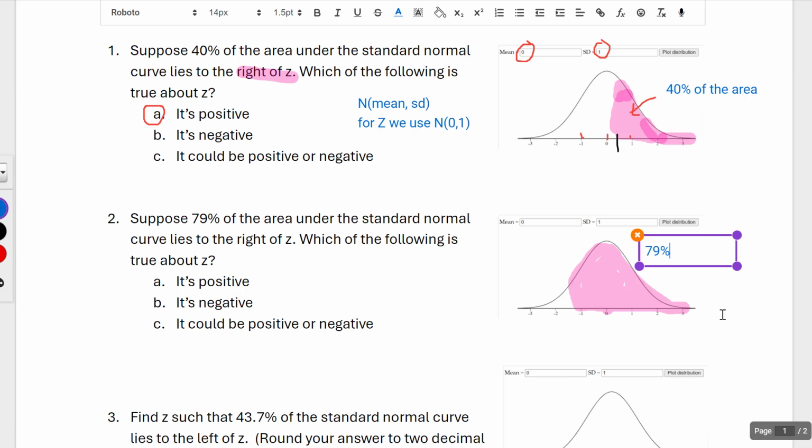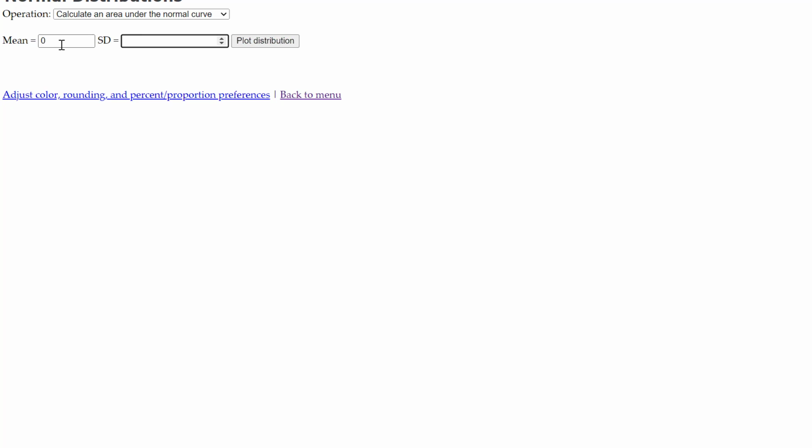Now we can actually find out exactly what that is. And in fact, I'll go ahead and do it for this one. Normal distributions. Let me scooch this in a little bit so you can see it. So the mean is 0, and the standard deviation is 1. I'm on the Stapplet, and I want to bring this down a little bit so you can see it.